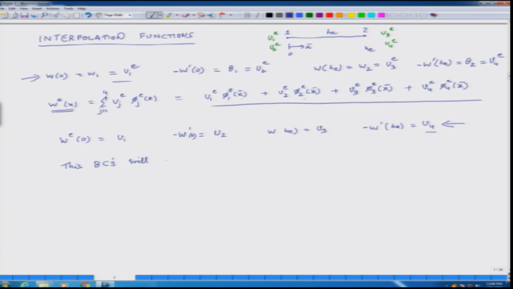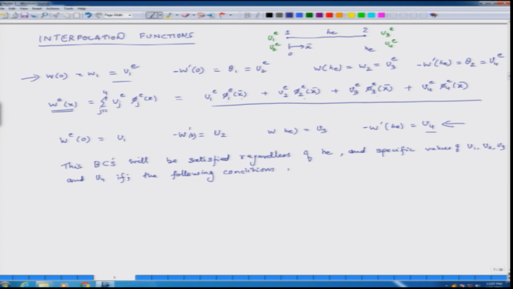So, these BCs will be satisfied regardless of HE and specific values of u1, u2, u3 and u4 if the following conditions are held. What are those following conditions?